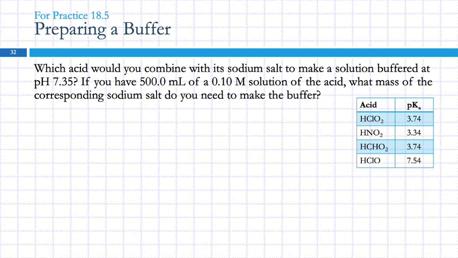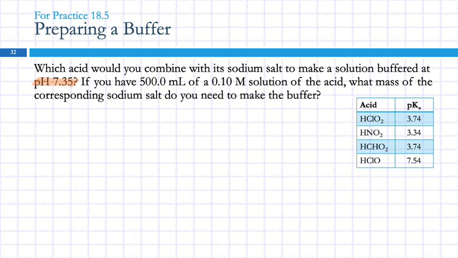So which acid would you combine with its sodium salt to make a solution buffered at pH 7.35? So let's answer that question first. So we want the solution to be buffered at 7.35. So what kind of a pKa are we looking for then?